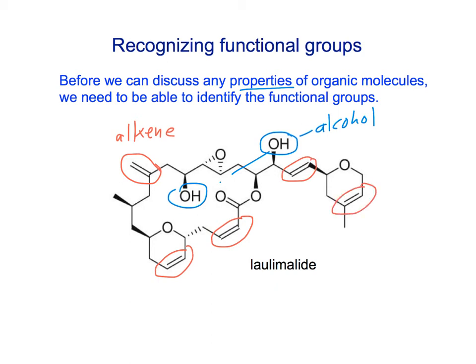So there are, in fact, 4 alkenes in laulimalide. Are there any other functional groups? Yes, there are. What would this be? Okay, it has an oxygen and it has 2 carbons attached. Right, so this would be called an ether.